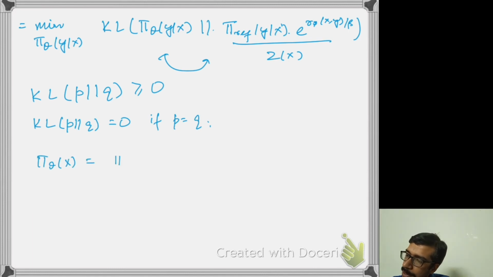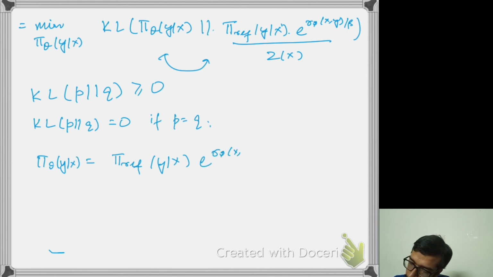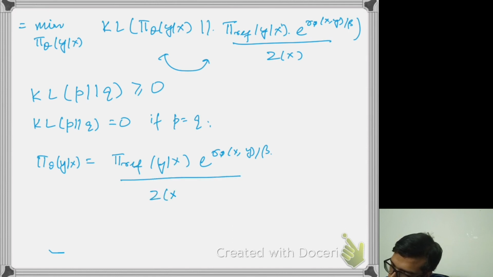But of course, if Px equals Qx for all x, then we are done, right? So one such closed form solution is that pi theta y given x equals pi ref y given x times exponential of r phi xy over beta, over zx.